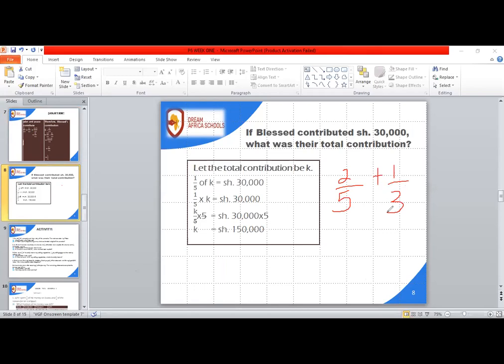Assuming we had different denominators. Unlike the example I have given you, this would still be very easy. The easiest method I can give you is that you cross multiply.